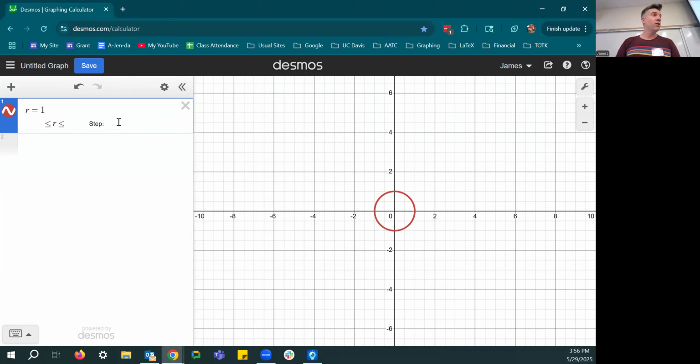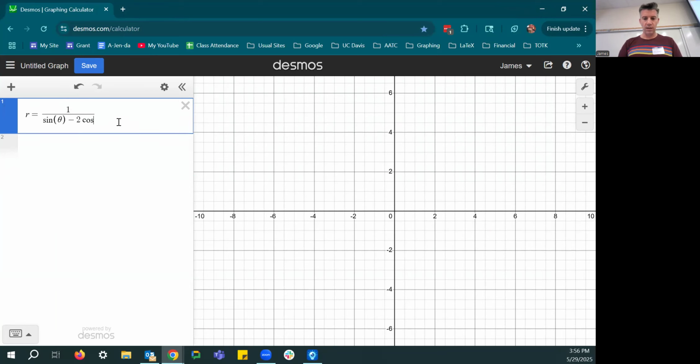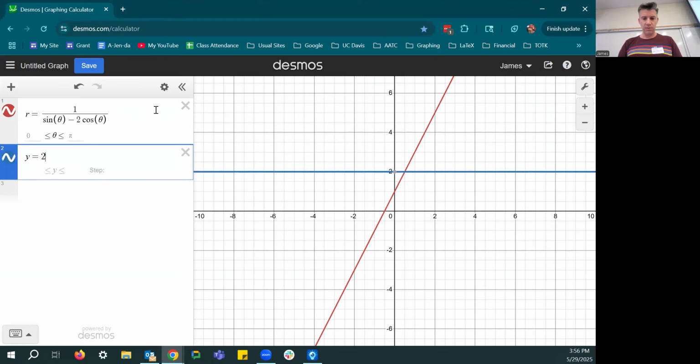Seems reasonable. But if we do 1 divided by sine of theta minus 2 cosine of theta, yeah, that looks like the right line. Let's check. If we graph y equals 2x plus 1, yeah, they're the same. How nice. Kind of cool.